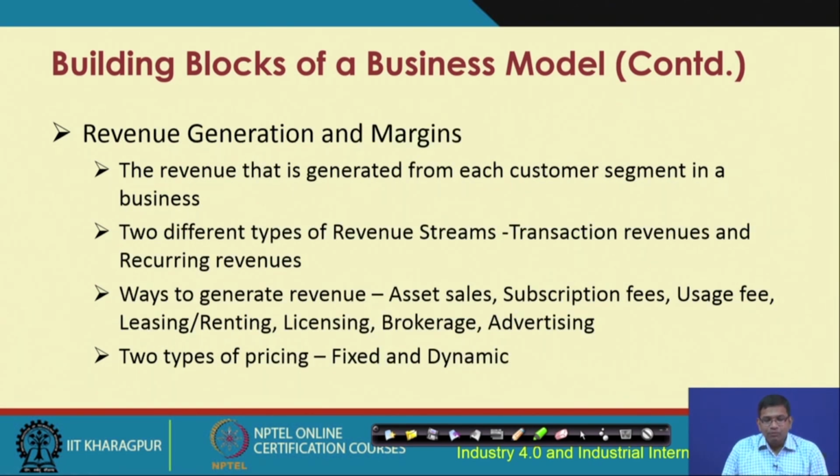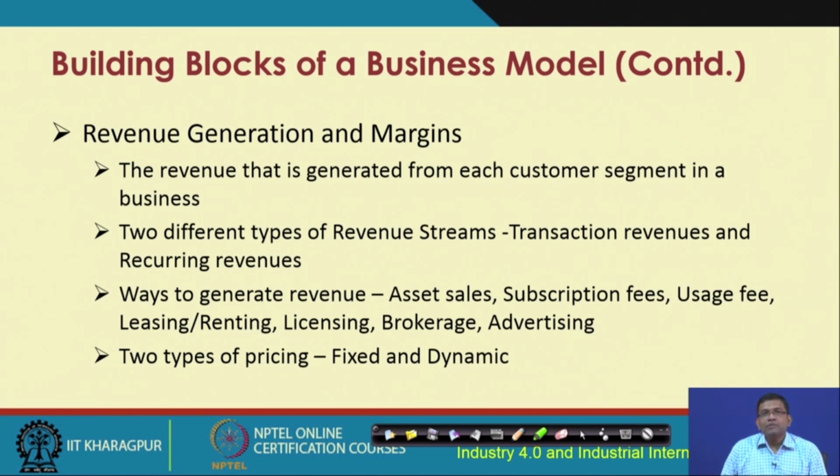The fourth building block is the revenue generation and the margins, which talks about the revenue that is generated from each customer segment in the business. These revenues could be streamed from two different sources: transaction revenues and recurring revenues.